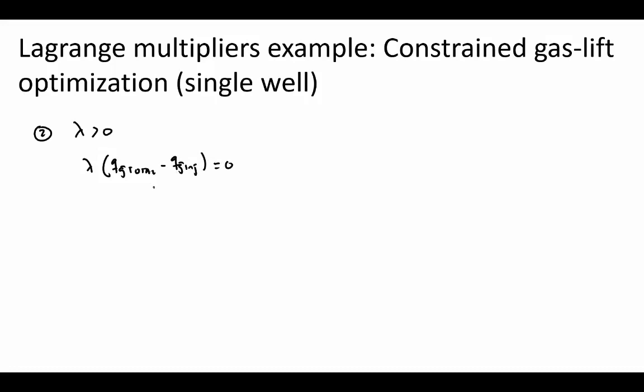Then Q gas total is equal to Q gas injection, which means I'm using all the gas. And also the derivative of the function is not 0, but now it's lambda, which is a positive number.